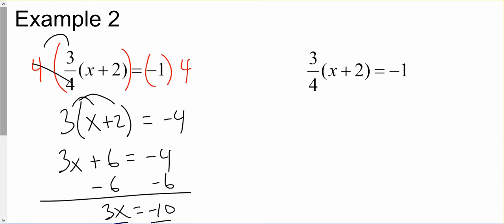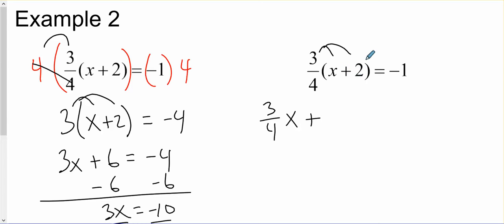The other way to do this is just to distribute my fraction. Distribute my fraction. So I've got 3/4 x plus 2 times 3/4.